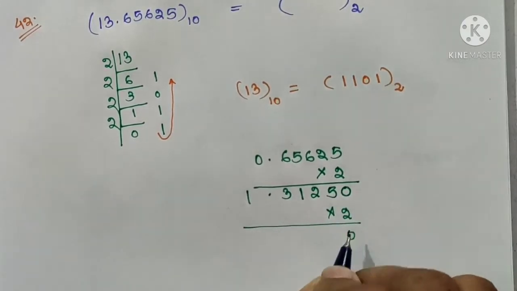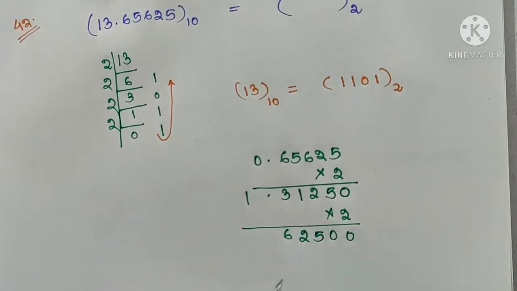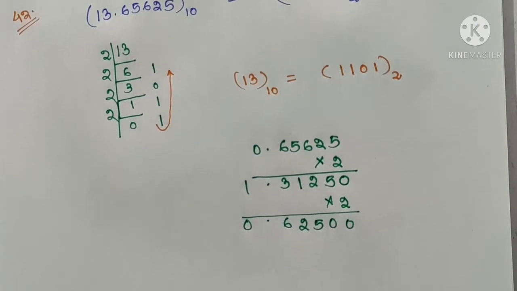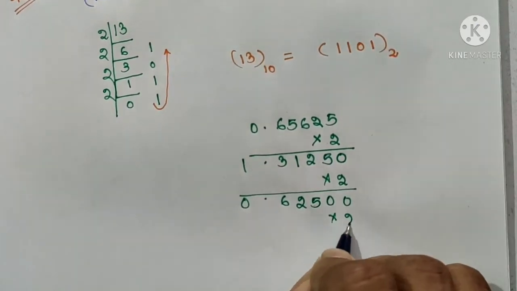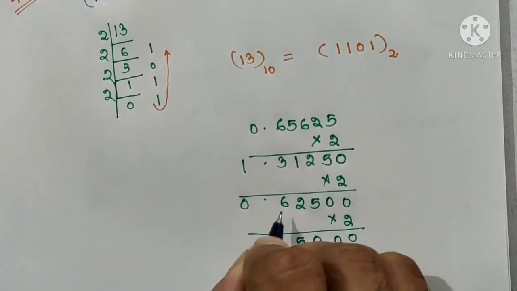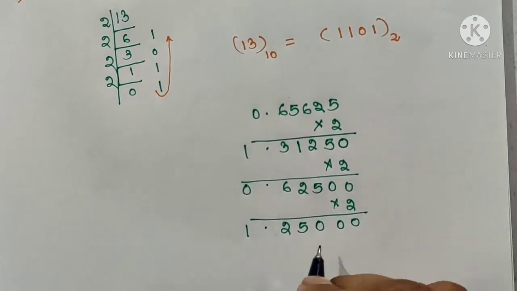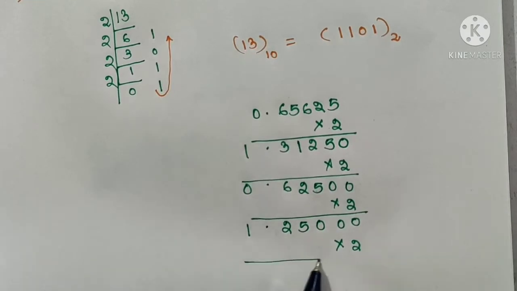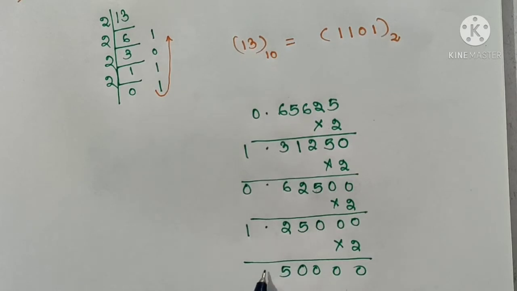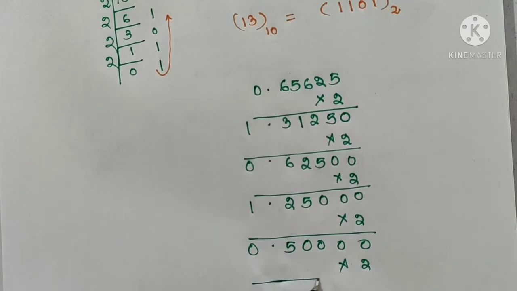Now 0.3125 times 2 is 0.625, so it is 0. Next, 0.625 times 2 is 1.25, so it is 1. Next, 0.25 times 2 is 0.5, so it is 0. Next, 0.5 times 2 is 1.0, so it is 1.